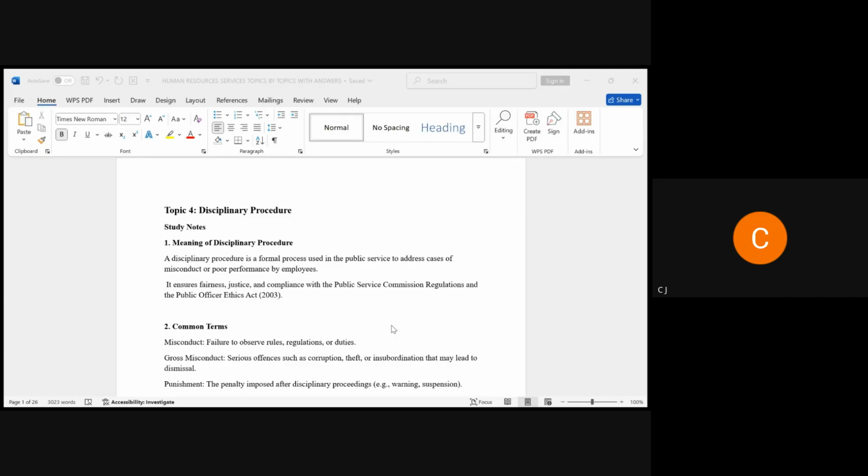Again, another term that is commonly used is punishment. It's commonly used under this topic called disciplinary procedure.